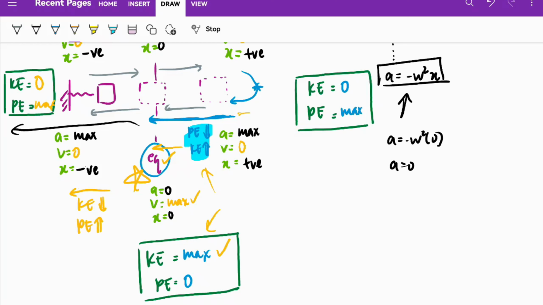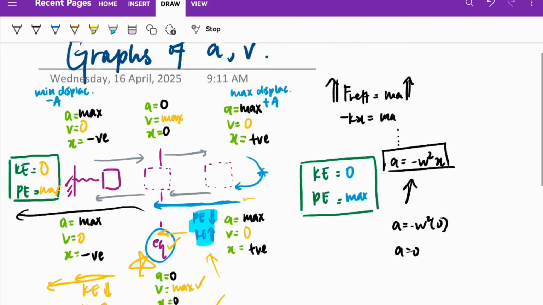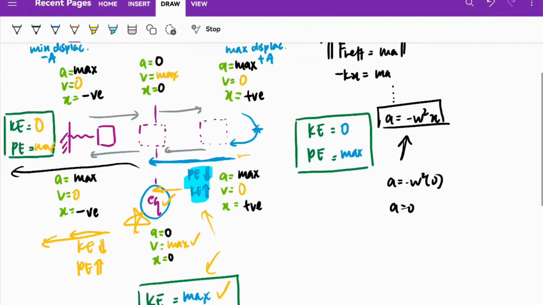Once the mass has passed the midpoint of its oscillation, the kinetic energy will slowly decrease and potential energy will slowly increase. All the energy is transferred back to the spring as elastic potential energy. Then at maximum displacement, your KE is 0, your PE is max.